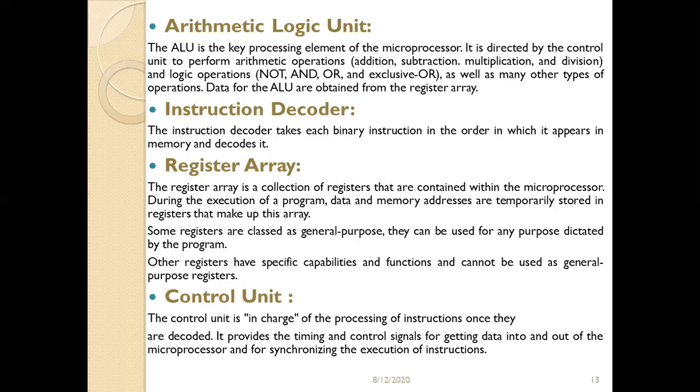For example, if you want to take some data from the memory, what does the microprocessor do? The microprocessor makes an address for that data which you take from the memory. So when the microprocessor makes some address for that data, that address would be stored in a register, and then it is sent to the address bus.